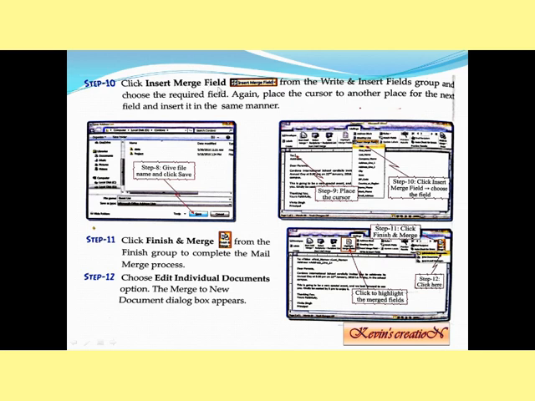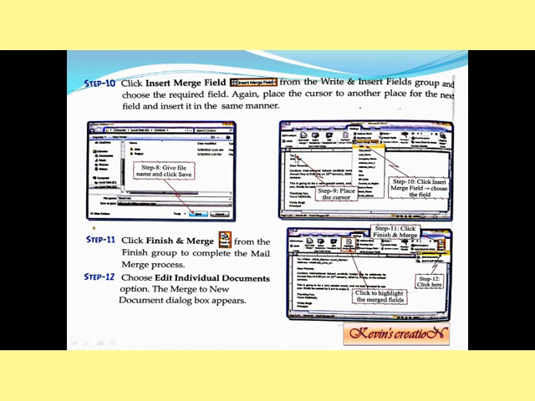Now here we click insert merge field. After "To", here you want to put the name. When you insert merge field, all the headings which we have already created in the address list will come: title, first name, last name, company name, address 1, address 2, city, state, pin code and all.